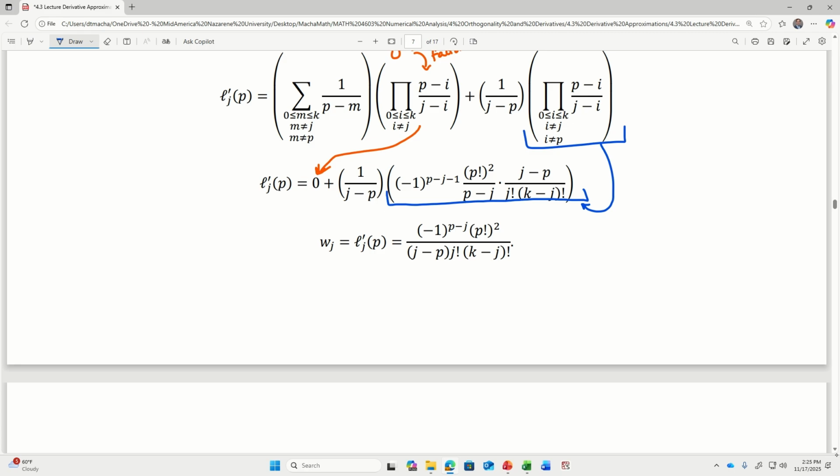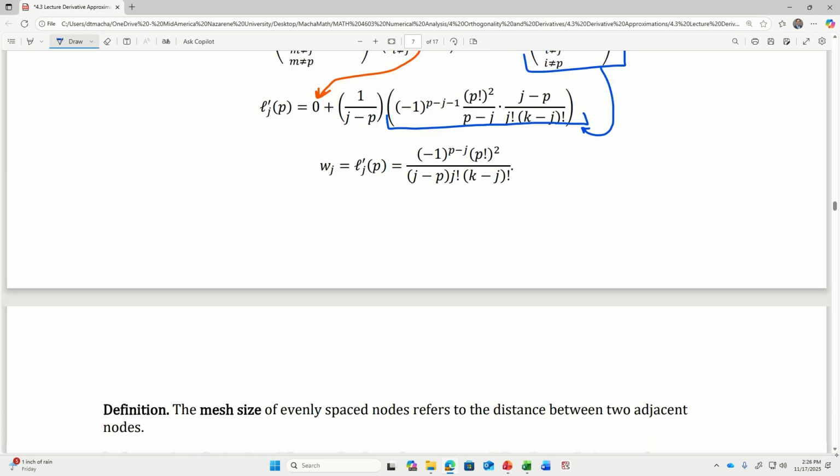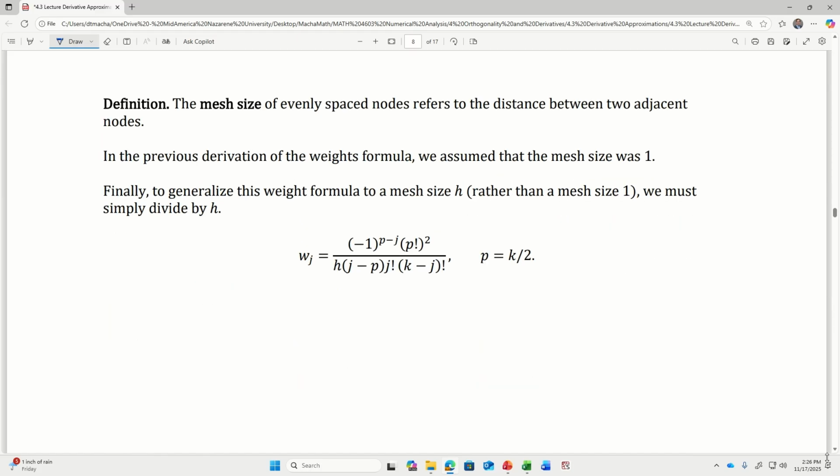Now, that's the weight formula if you were to have a mesh spacing of 1. When I say mesh size, I mean for evenly spaced nodes, the distance between 2 adjacent nodes, and we assumed the mesh size was 1. If you want to generalize this to any mesh size, because we want a relatively small mesh size, all you got to do is divide by h.